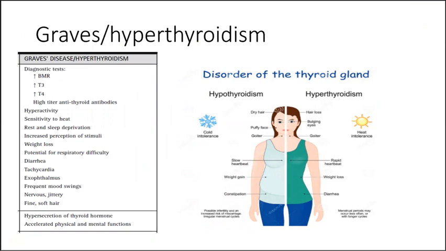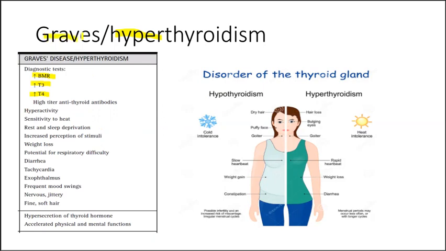Remember, hyper means over in Greek language. Thyroid hormones include our thyroxine, which is our T4, and triiodothyronine, which is our T3. So you can see there's increased level of T4, increased level of T3, and as a result, the basal metabolic rate is increased.